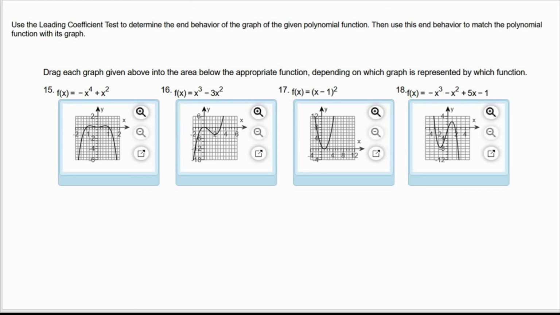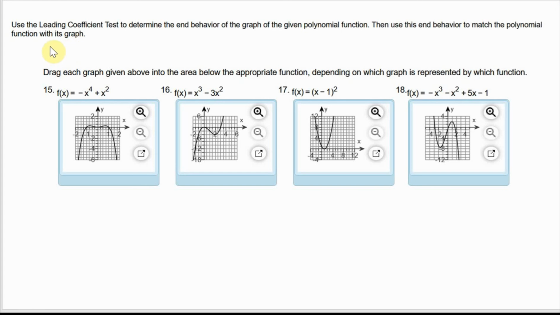And you know, most all these problems we did in class. So this one used the leading coefficient test to determine the end behaviors. I went ahead and just put the graphs in there. But on the test, you have to match them up. So that's that. You remember that leading coefficient test?